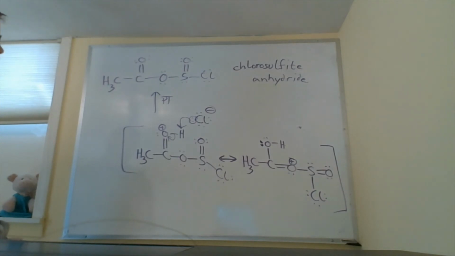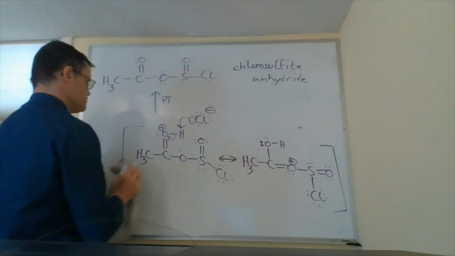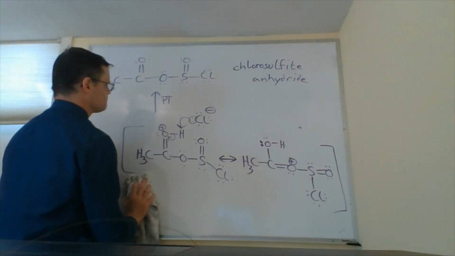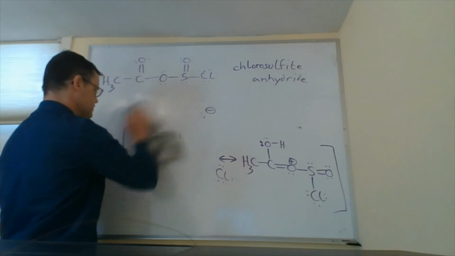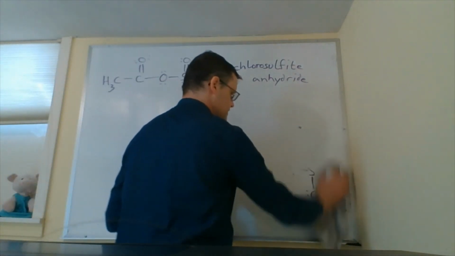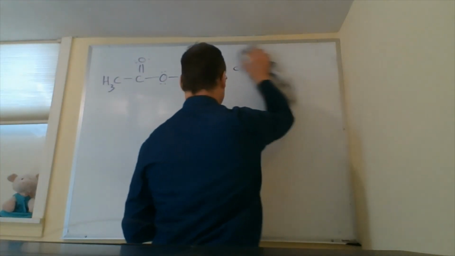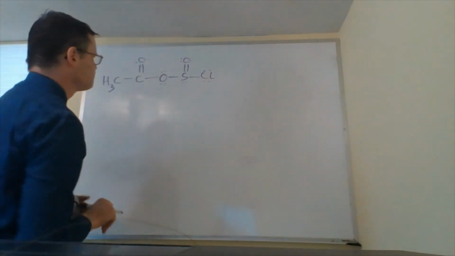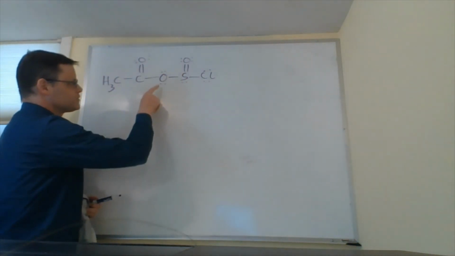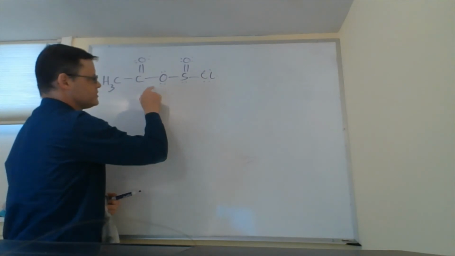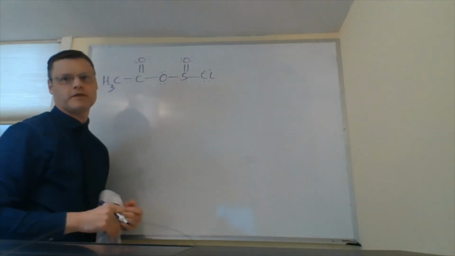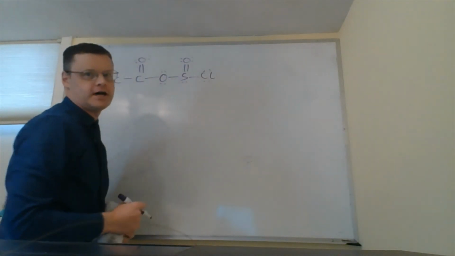Okay, and then we can now do kind of the second half of the mechanism, which is another nucleophilic acyl substitution. Okay, so I'm going to erase this here, and we're going to start the next part of this mechanism with our chlorosulfite anhydride. The point of this was now we have an oxygen that's a better leaving group than the hydroxide.